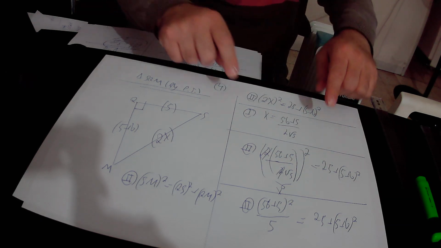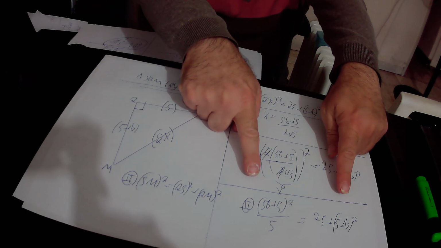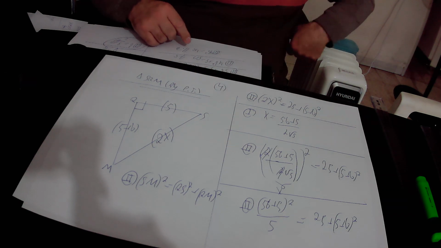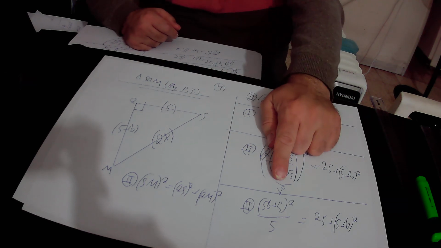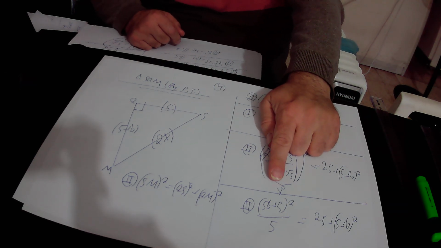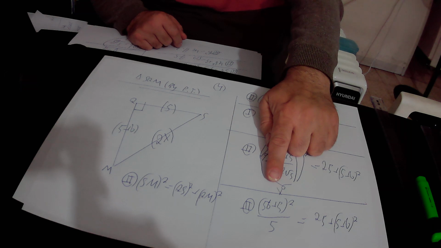Here we open the brackets on both sides of equation number 2. (5b plus 5) squared equals (5b) squared, that is 25b squared, plus 5 squared, that is 25, plus 2 times 5b, that is 10b, and 10b times 5 is 50b.